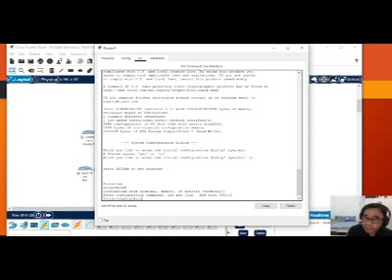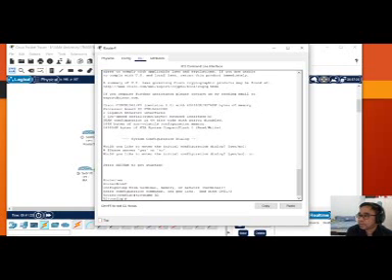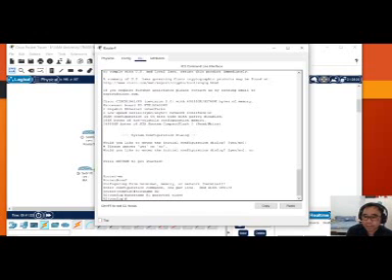Let's change the hostname to R2. Hostname R2. And we set the username and password. This time we will use R1, and the password is Cisco.